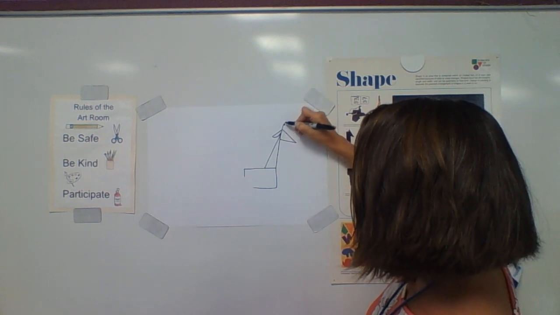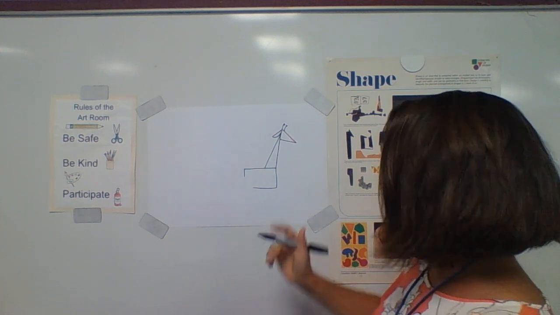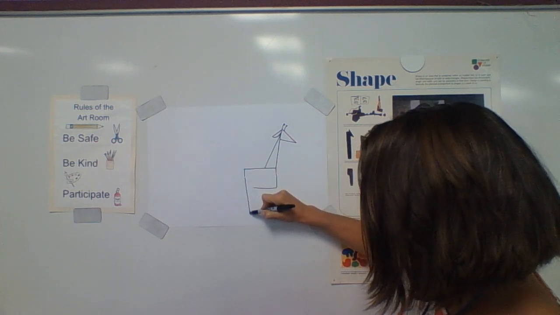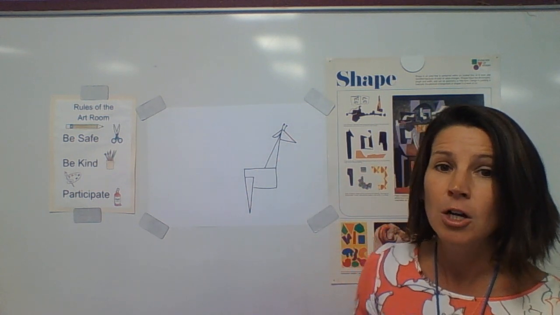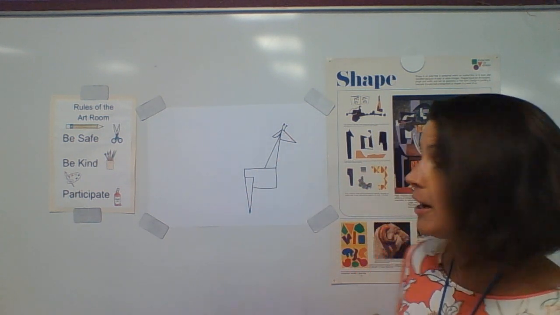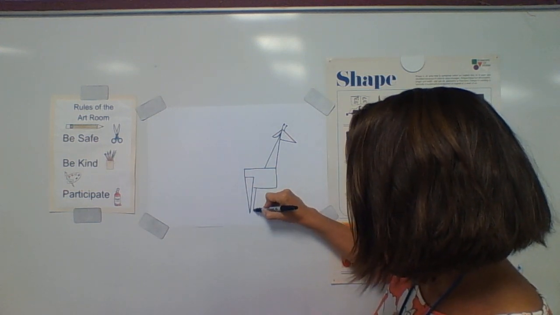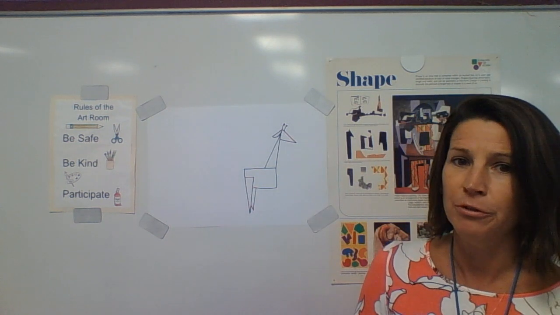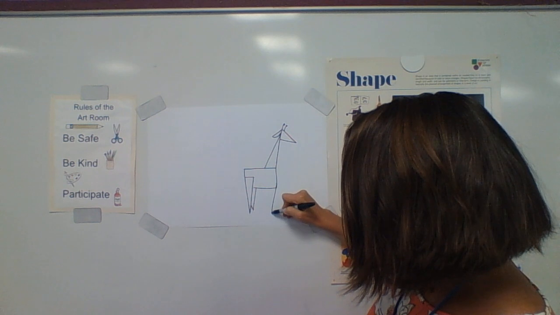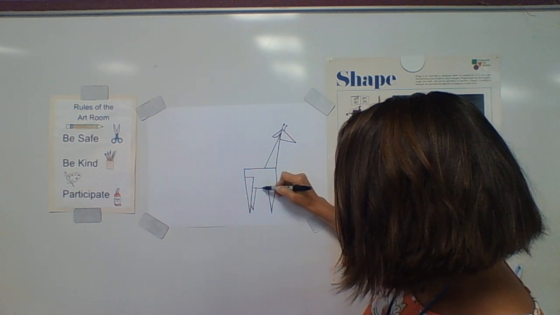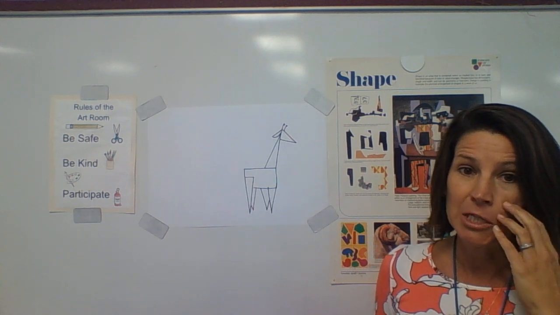Now these horns of the giraffe, I'm just going to do lines with circles at the end. And then for the legs, this leg I'm going to do something fancy called overlapping. It's just another triangle, but it's overlapping the rectangle. It means it's a little bit on top or in front of. This one I'm going to do so it looks like it's sort of behind. This one I'm going to do bigger, and this one, because it's behind, it seems like it's a little bit smaller.